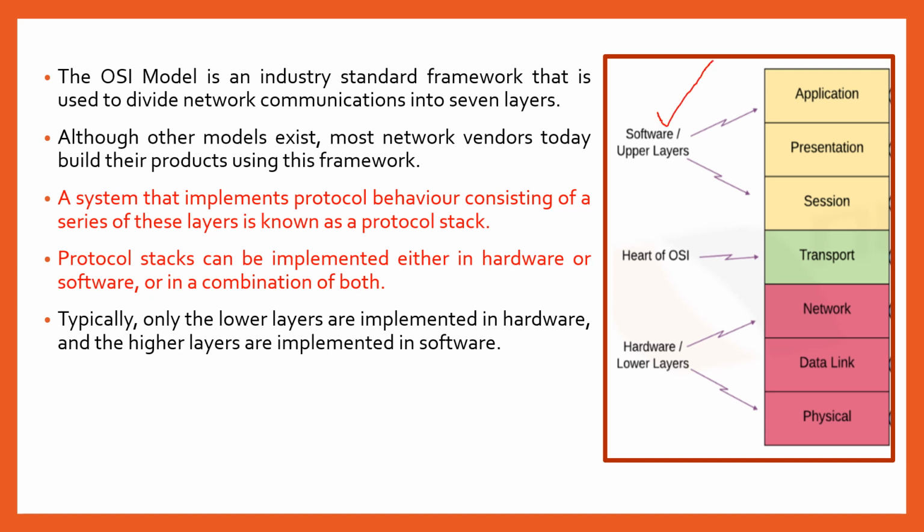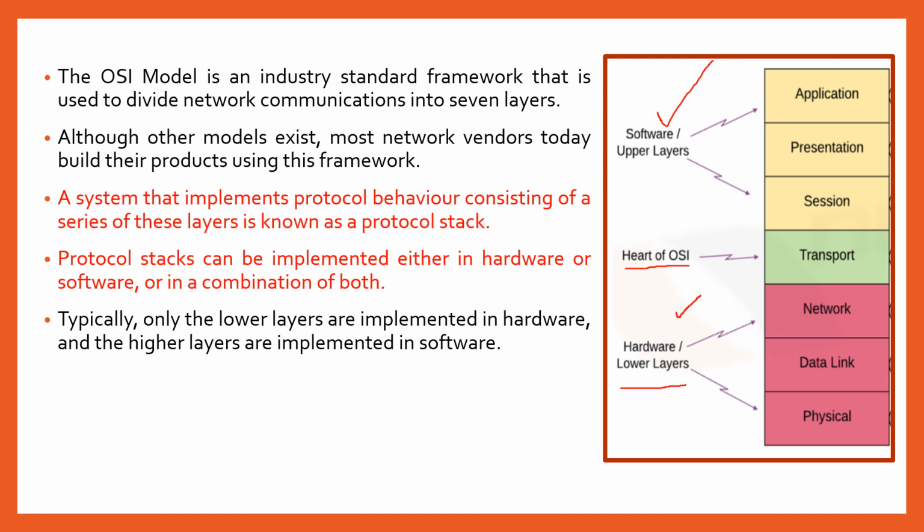Coming to the transport layer, it is called the heart of the OSI model. And the last 3 layers, that is the network layer, data link layer and physical layer, are called the hardware layers. So the entire 7 layers are classified into 3 different parts.